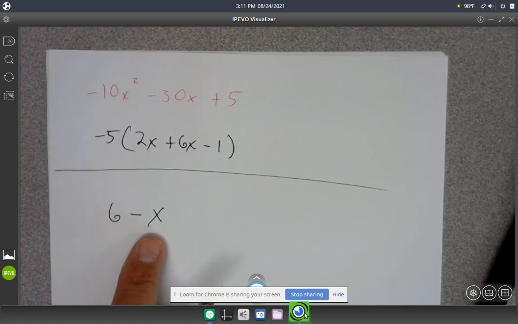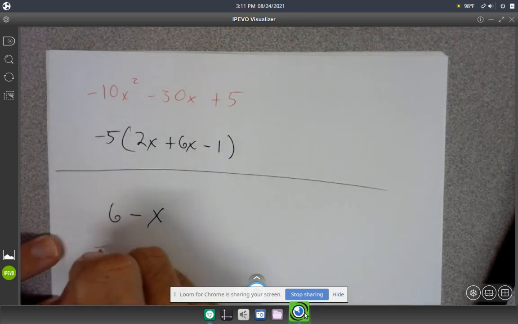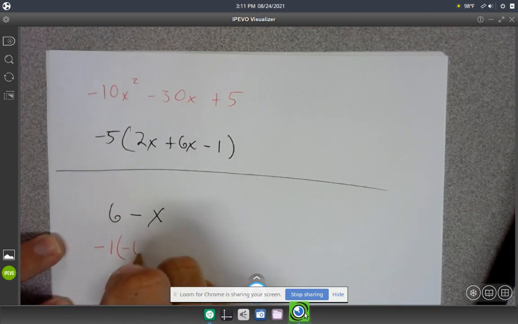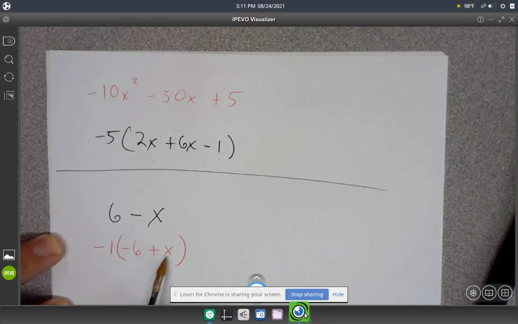What we're going to end up doing here is factoring out a negative 1, and all that's going to do is change the signs inside. So it becomes negative 6 and a positive x, but then I can rearrange these terms on the inside. Just think of it as x minus 6. So it's negative 1 on the outside, and then an x minus 6.